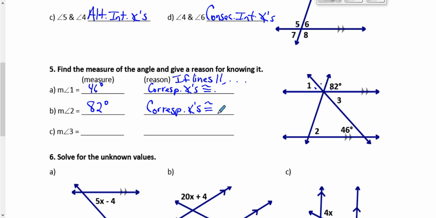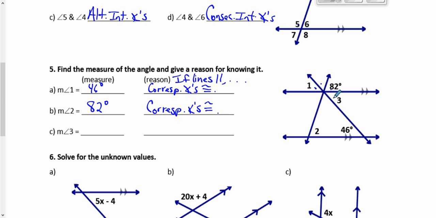How do we know it's 46? Well, wait a minute. Don't angle 3 and 82 add up to 180? Aren't they a linear pair? No, they don't quite make up the whole line there, right? 1 and 3 are vertical. We're going after angle 3, right? Well, let's suppose we hadn't found angle 1.